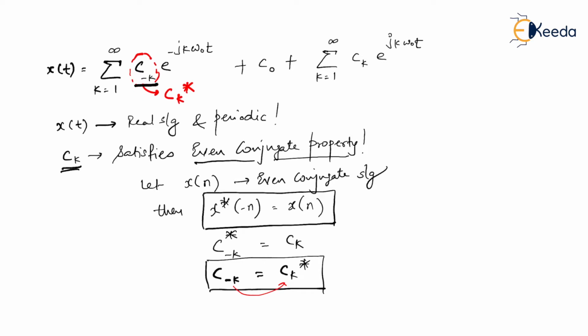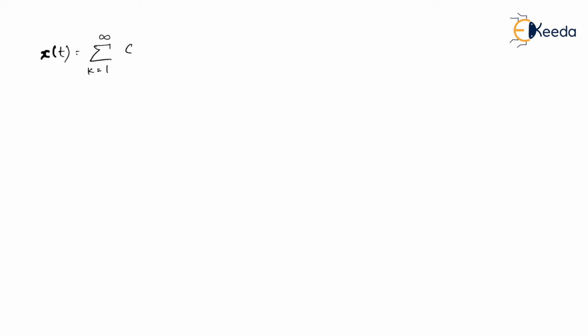So now I can write my x of t equal to summation k equal to 1 to infinity, what we had over here, c minus k, replaced with ck conjugate, e to the power minus j k omega naught t, plus you have c naught plus another summation operator, k equal to 1 to infinity ck e to the power j k omega naught t. Am I right?